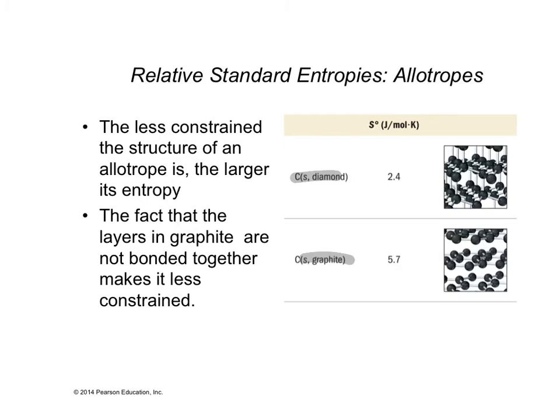So think about what happens with respect to graphite when you rub it against your paper. It just sloughs off on your paper, right? Do you think that's very constrained? It just sloughs off. What about diamond? If you rub diamond on your paper, would it leave a mark? No, it would cut your paper probably, but it wouldn't leave a mark, right? So who do you think is less constrained, graphite or diamond? Graphite, right? So graphite, because of that, also will display a higher entropy value because, again, it is the less constrained allotrope.